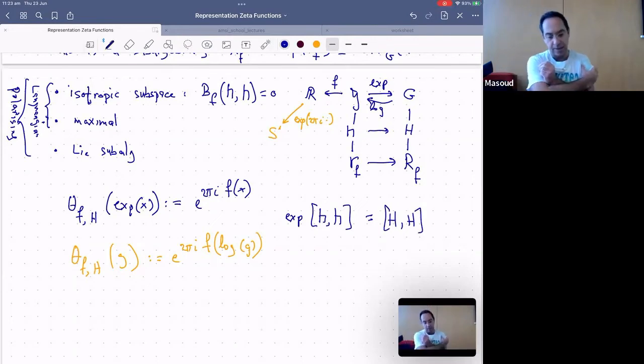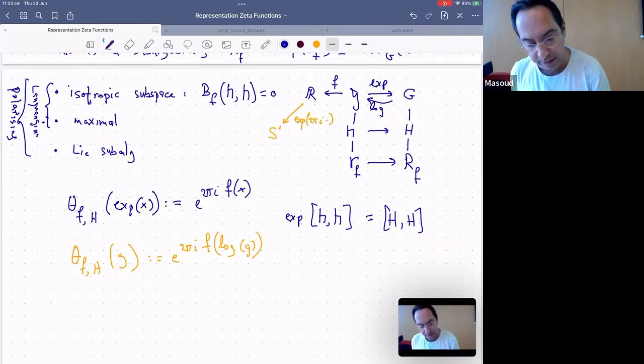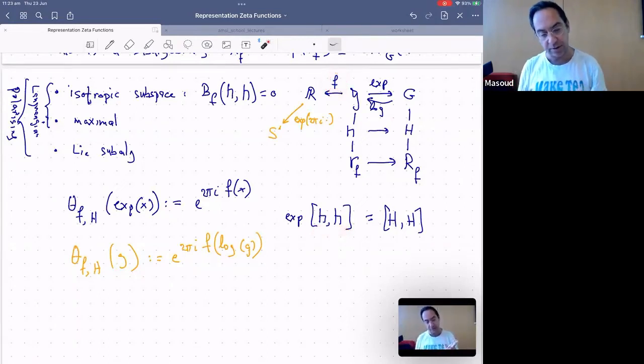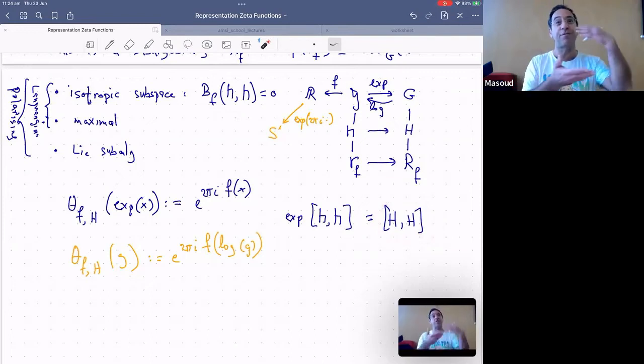There are a few things to check here, maybe, but at least you can see that f vanishes on the commutator. This is exactly where we took an isotropic subspace, and therefore this composition vanishes on the commutator of H. So at least it's plausible now that a function that factors through the commutator has a chance to be a character. Okay, but it is a character.